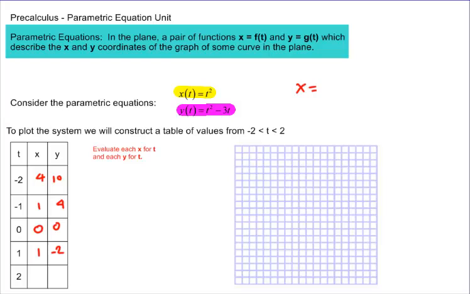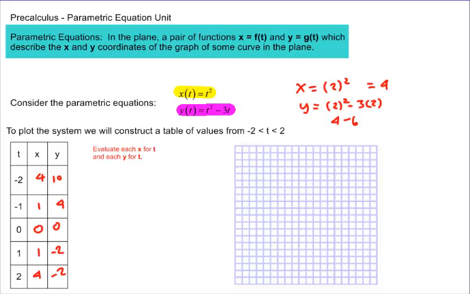And then the last one gives us 4 and 4 minus 6, which is negative 2.